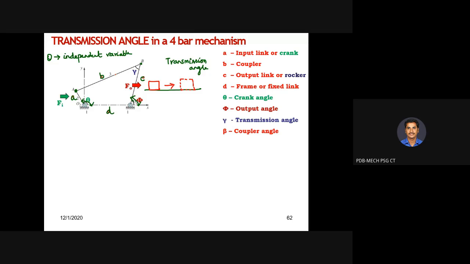The coupler is the one which transmits motion to the rocker. If you look at this particular image, you can understand that when the crank rotates, the force is transmitted to the output link, that is the rocker, through your coupler. So your force transmission or motion transmission is purely based on this transmission angle.